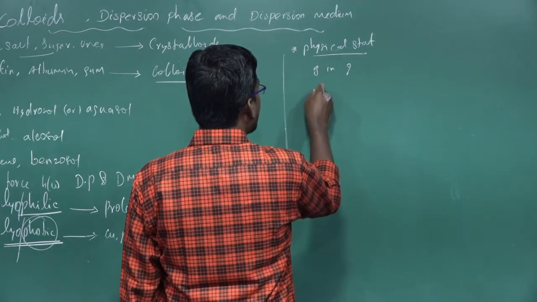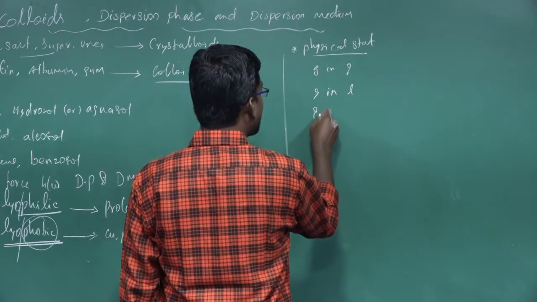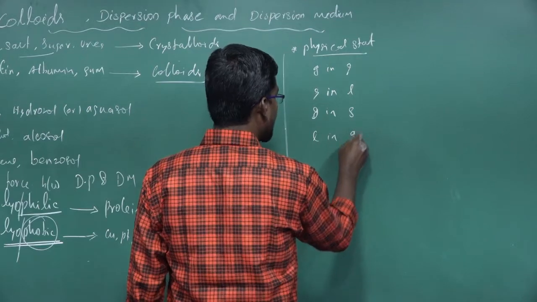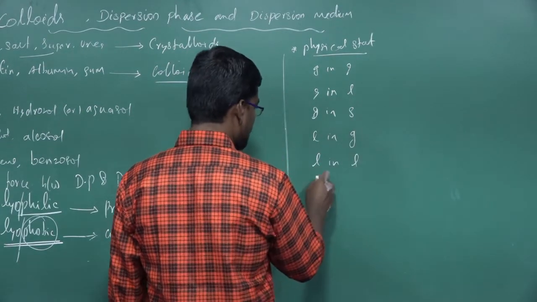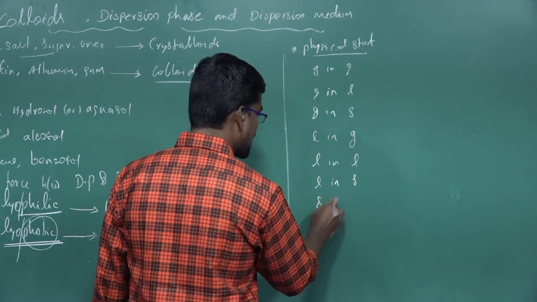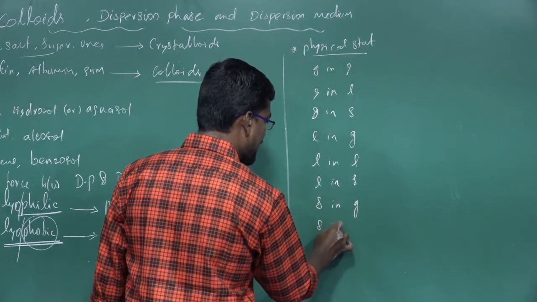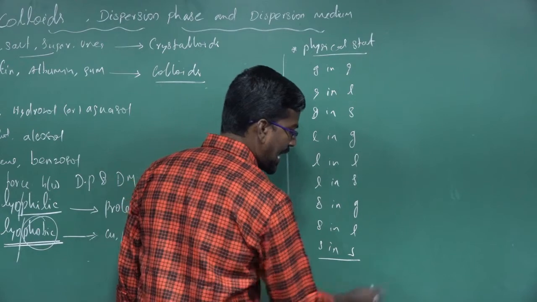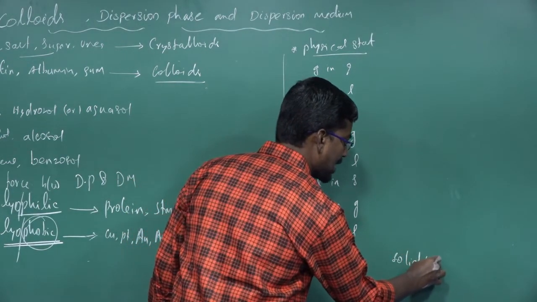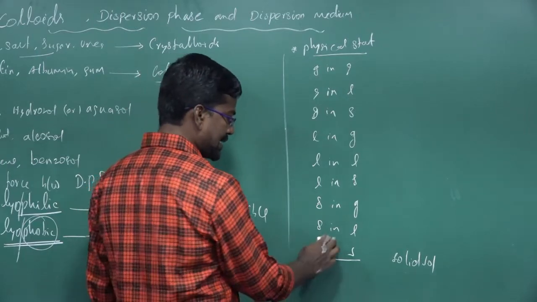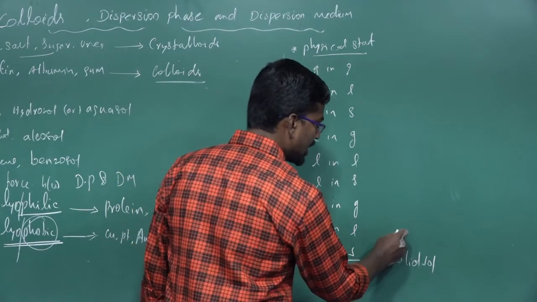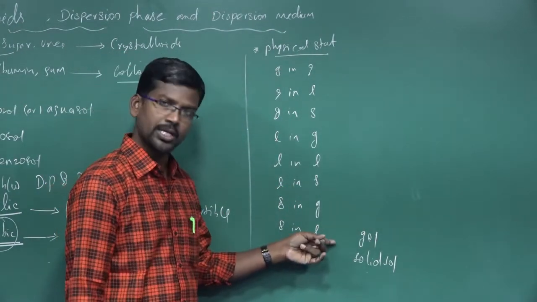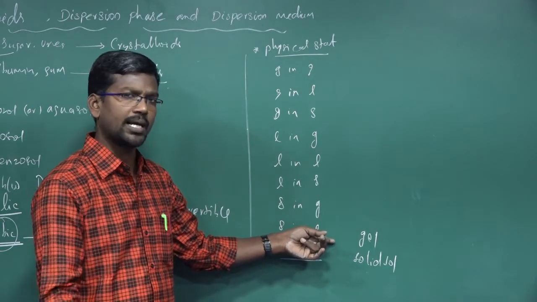The other combinations are gas in liquid, gas in solid, liquid in gas, liquid in liquid, liquid in solid, solid in gas, solid in liquid, and solid in solid. Solid in solid gives solid sol, such as alloys. Solid in liquid, for example amalgam, especially the amalgam containing mercury. Mercury can combine with alkali metals, alkaline earth metals, or any other substance.